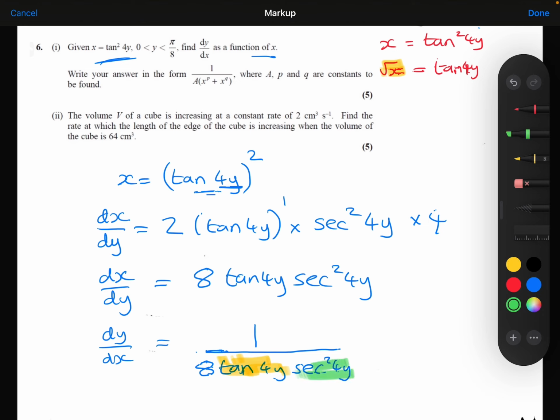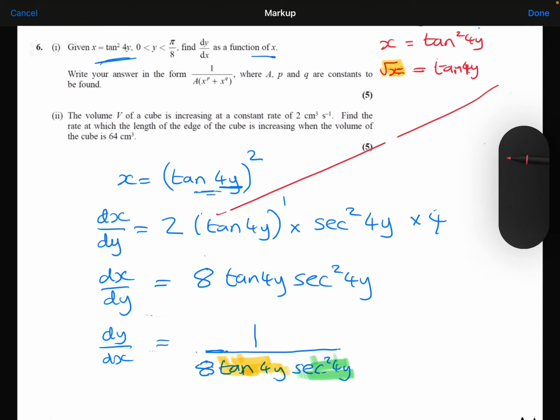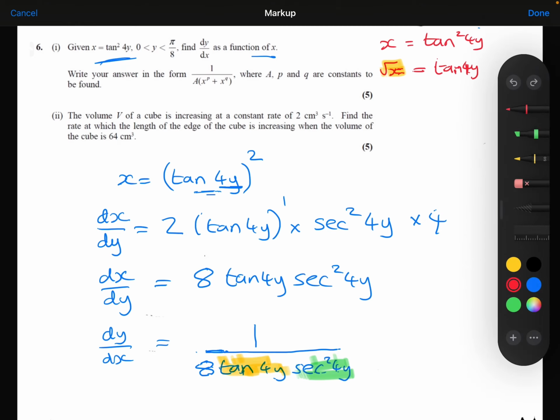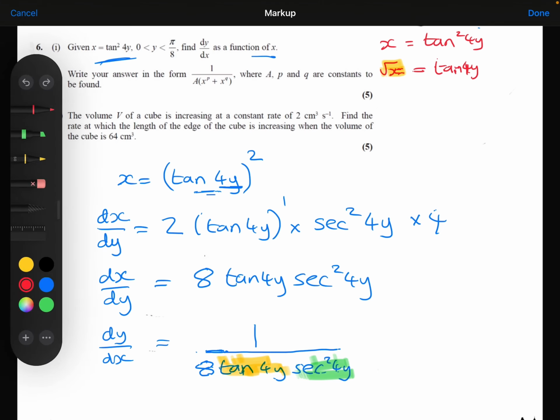What about the sec squared? Well, I know that tan squared plus 1 is equal to sec squared. That's one of the trigonometric identities that you need to know. Now the tan squared was x in this question.